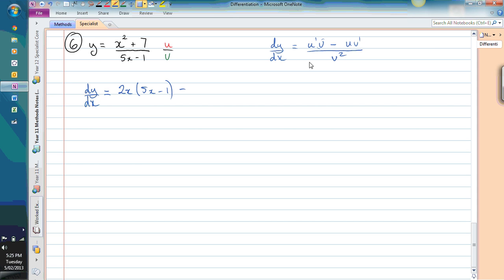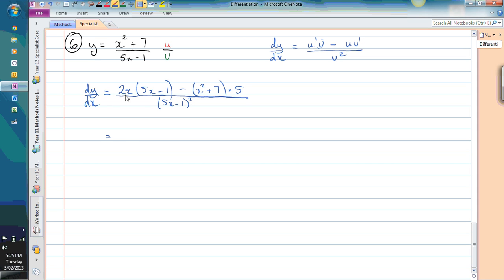Take away u, this top part, multiplied by the derivative of v. Derivative of v, of course, is just going to be 5. And that's all over v squared. And v is 5x minus 1, so I have a 5x minus 1 all squared on the bottom.